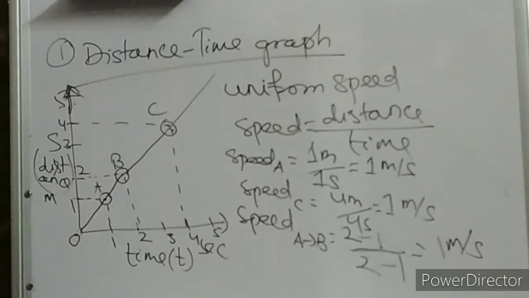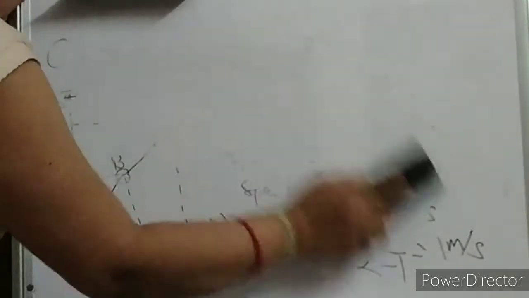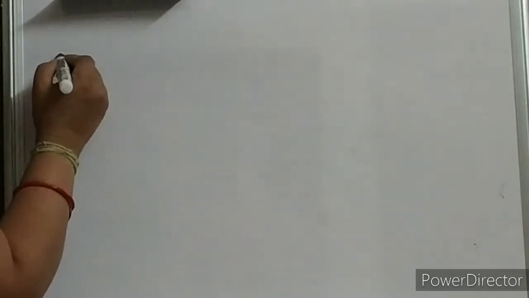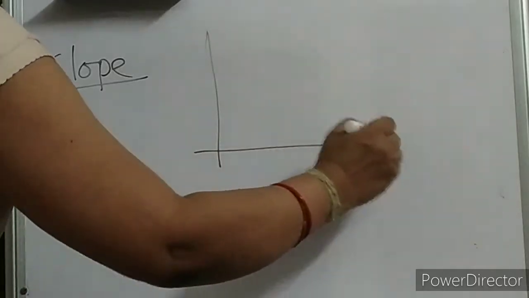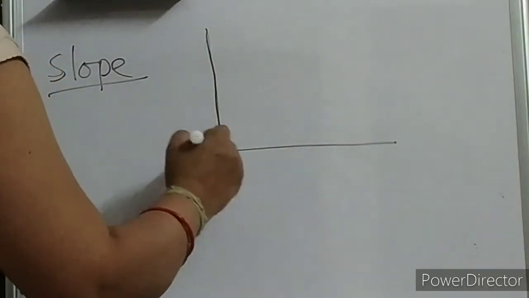Let me explain what is this slope, by the way. How to calculate the slope, children? Suppose this is your graph, children.